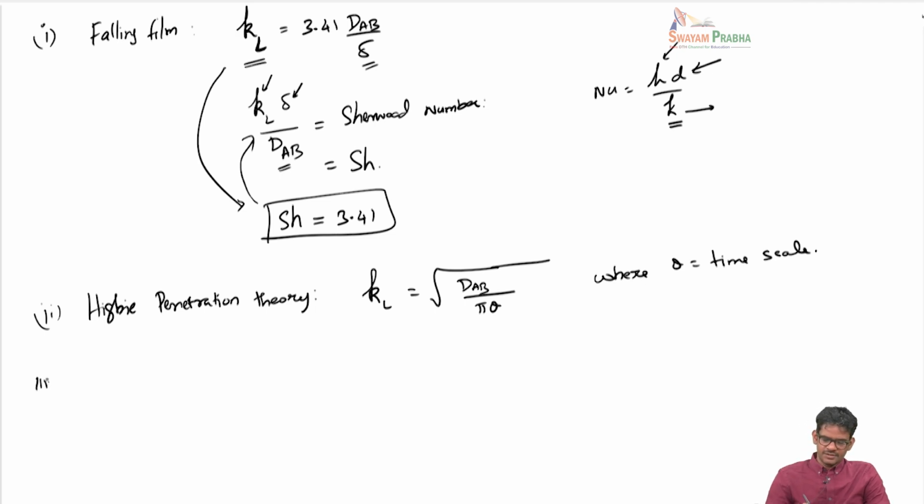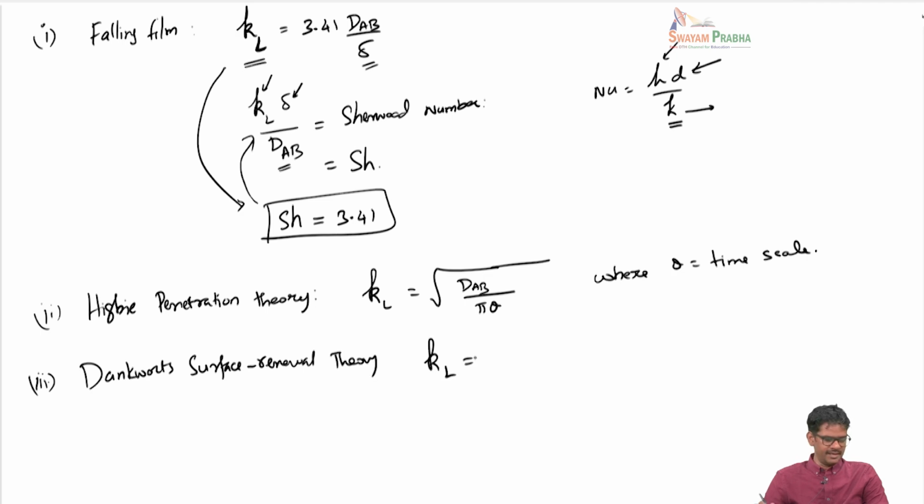Or we have Danckwerts' surface renewal theory, which predicts kL to be equal to square root of DAB times s, where s is called the rate of renewal of the fluid element, or renewal rate.